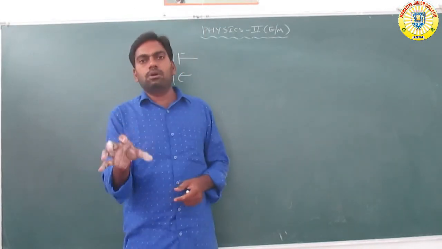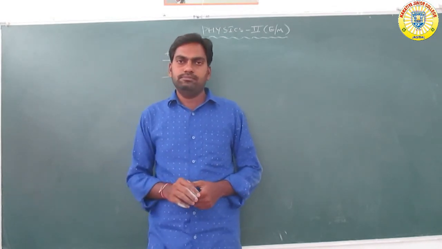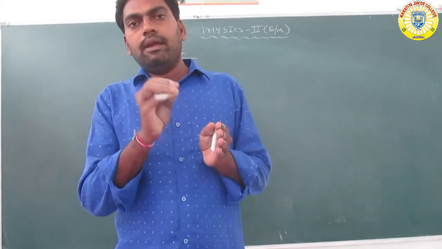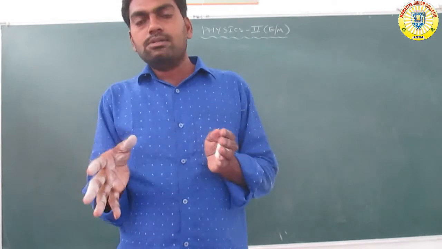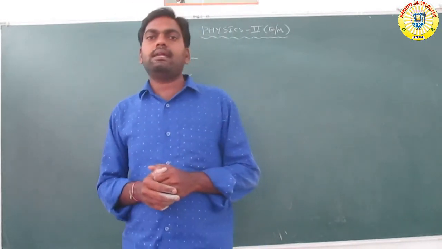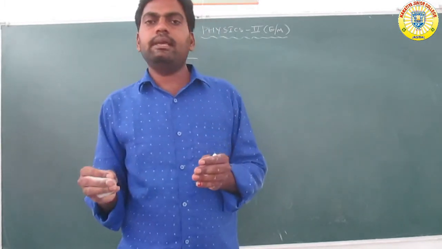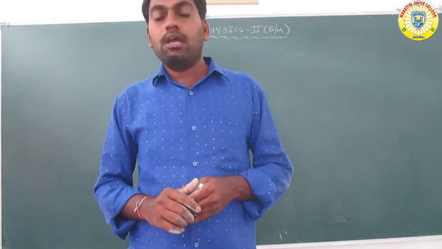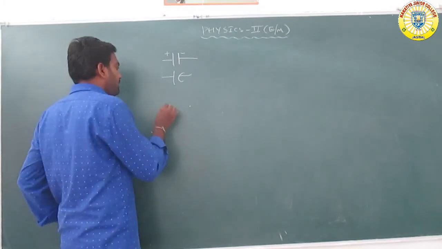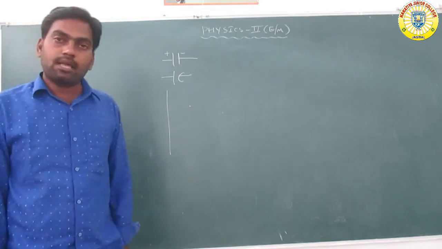The energy stored depends on the device, just as the water stored depends on the shape and size of the container. Here also, the charge will be stored in a capacitor.